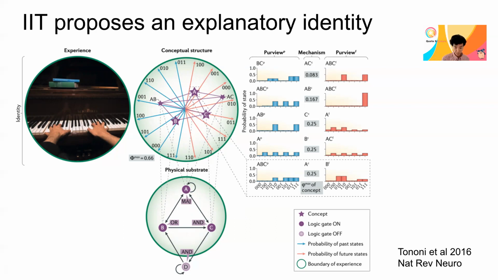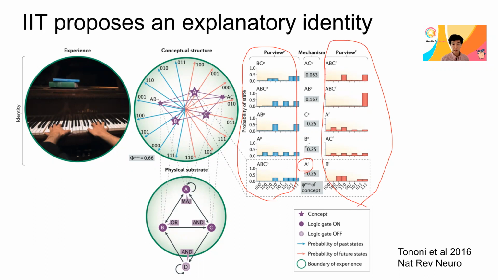Here, the past constraint on the probability is depicted on the left side, and the future constraint is on the right side. Each potential candidate mechanism, A and B and C and AB and AC in this case, does that uniquely for the future and the past. But in this case, for example, BC does not specify anything above and beyond, so BC does not exist, and the same goes for ABC.